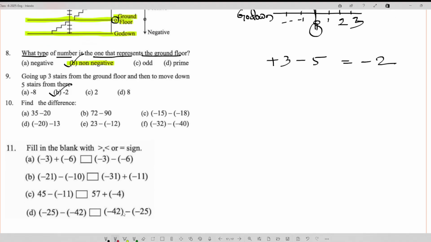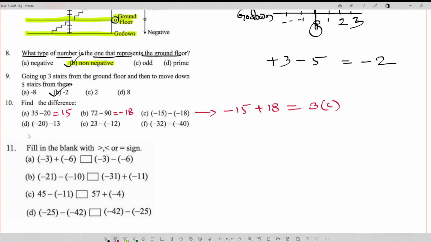Now number 10, it's a very simple thing. 35 minus 20 is 15. 72 minus 90: 90 minus 72 is 18, but the 90 sign is bigger, therefore this is minus 18. Number C: minus 15 and minus and minus 18, so minus and minus is plus, and 18, the result is 3.